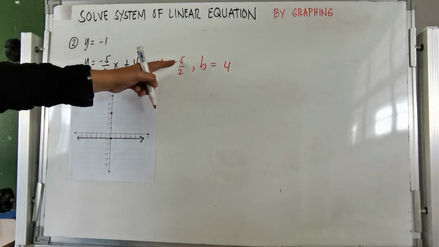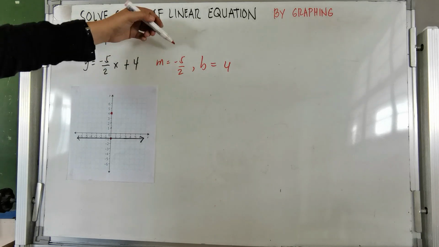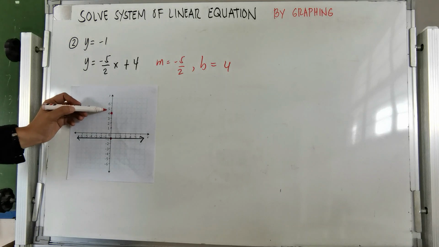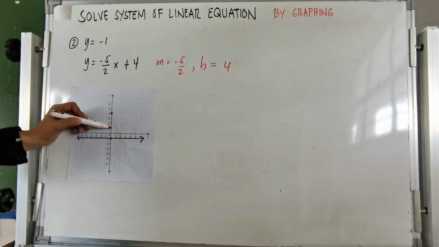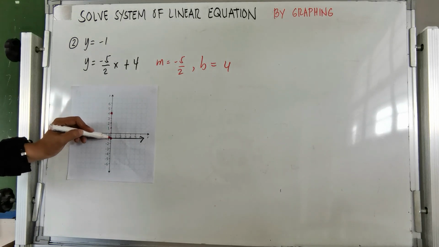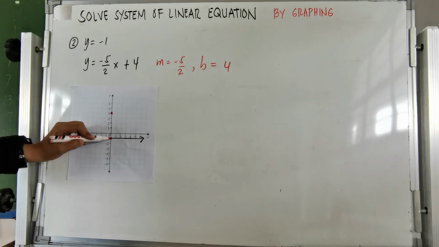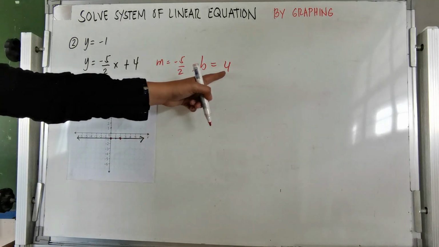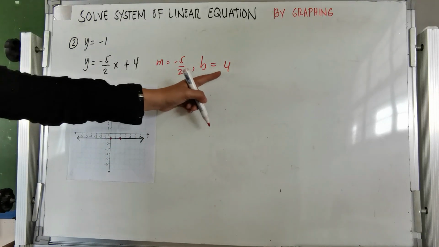So, kung bibilang tayo ng 4 units upward, ito yung kanyang first point. Next, then we have negative 5 over 2. So, rise over run, ibig sabihin, downward, since negative yung 5, 1, 2, 3, 4, 5. So, ito yung eksaktong point, and then 2 units to the right, 1, 2. So, ibig sabihin, ulitin natin, ang ating y-intercept is 4.